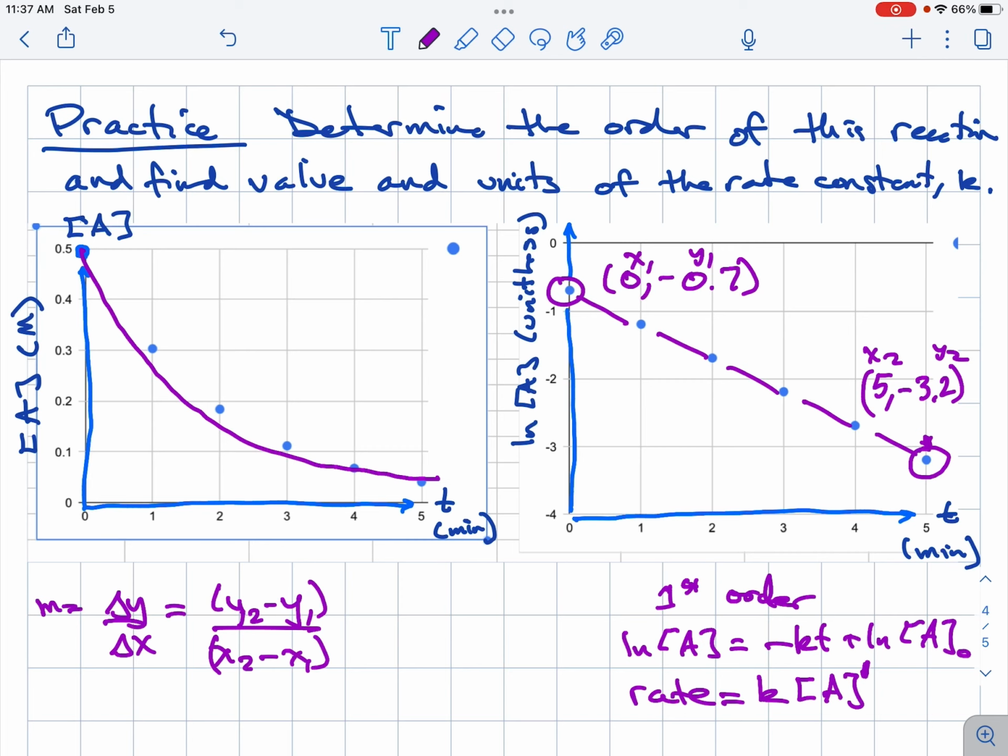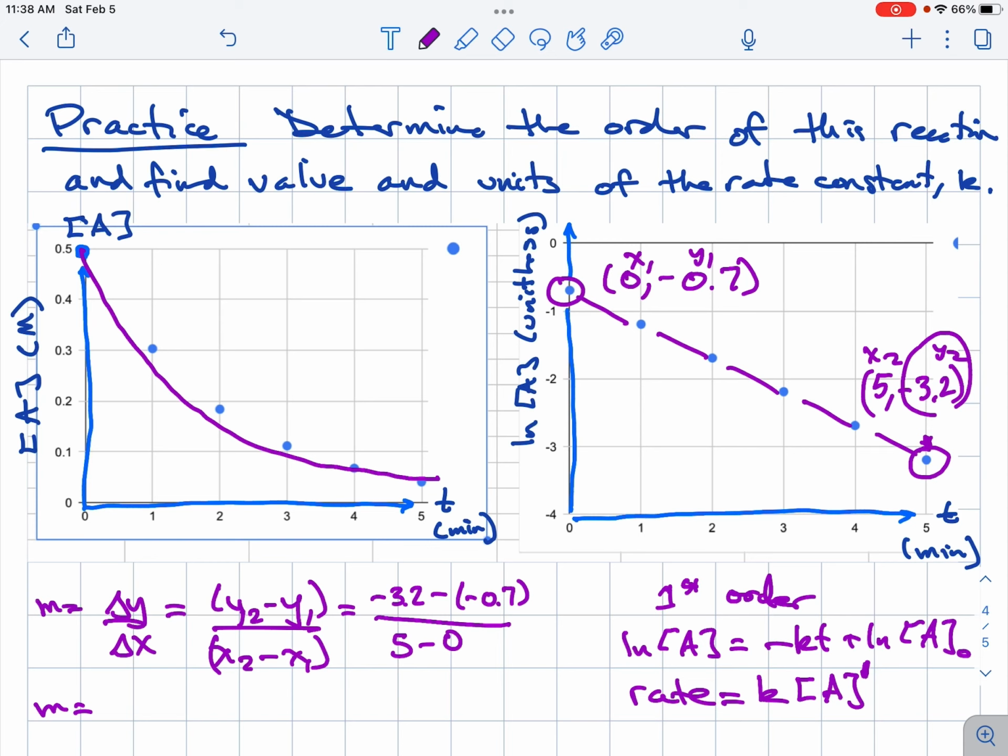All right. So now y2 is negative 3.2 minus y1, which is negative 0.7. And we're going to divide that by 5 minus 0. Okay? So m, which is going to be k. Let's do this systematically. M is going to be equal to, negative 3.2 minus a negative 0.7 is plus 0.7.